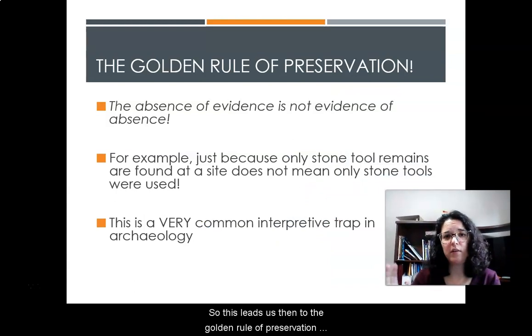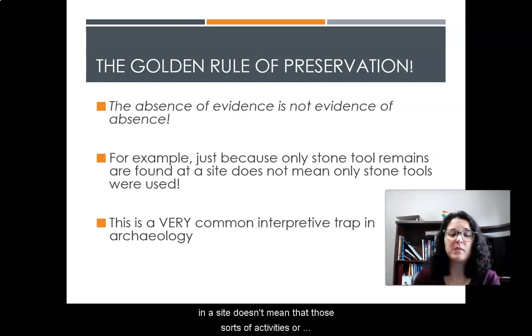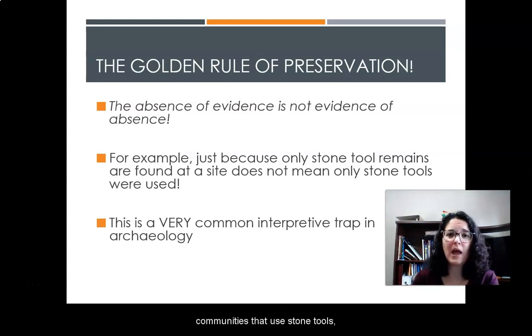So this leads us then to the golden rule of preservation, that just because we don't find evidence for something in a site doesn't mean that those sorts of activities or those sorts of materials were not being used in the past. So for example, in my sites in Tanzania, we find lots of stone tools, and we know from experimental archaeology, from talking with living communities that use stone tools, that they would have had wooden or bone handles.